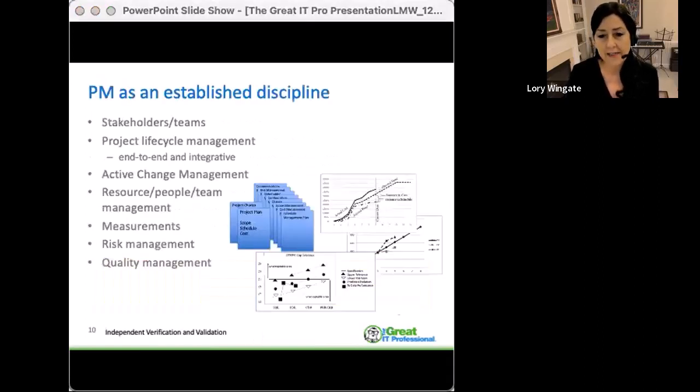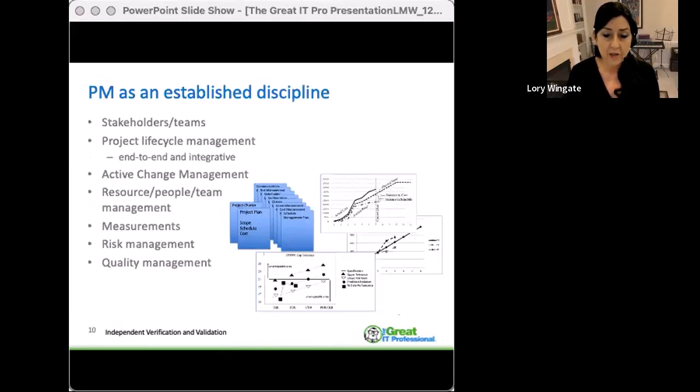Project management as an established discipline means that there are standardized activities that can be followed. When they are followed, we can have a reasonable expectation that we will achieve the outcomes that we've laid out for our project. If we neglect to put these activities into practice, our risk goes up and the probability decreases that we will achieve our desired results.